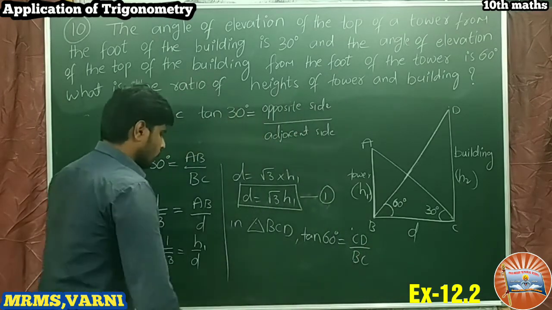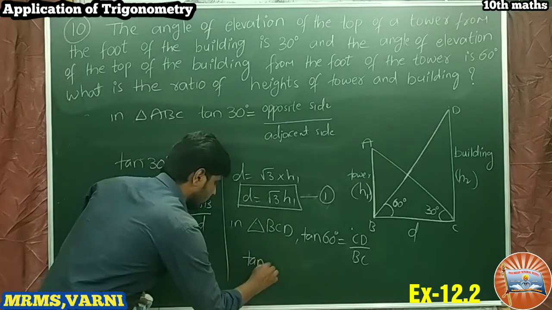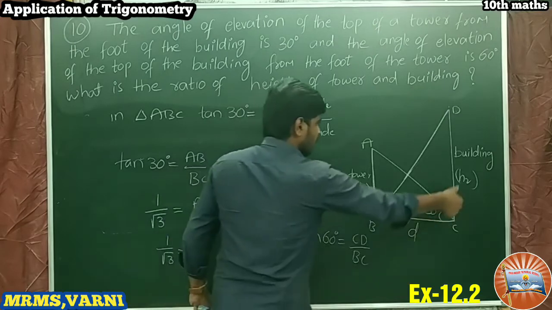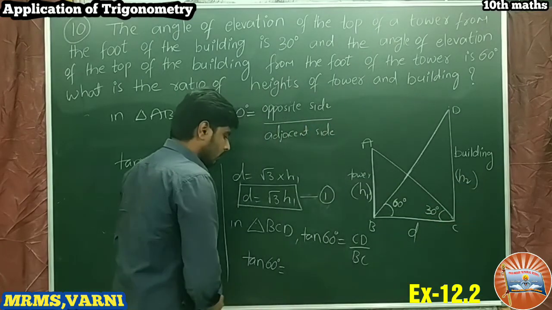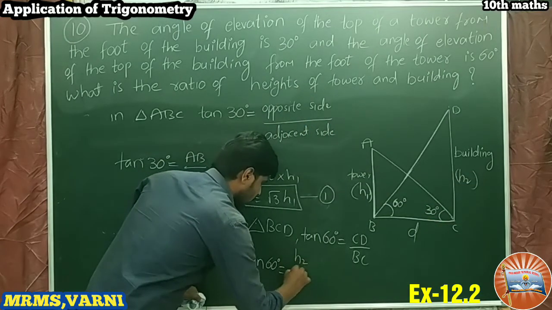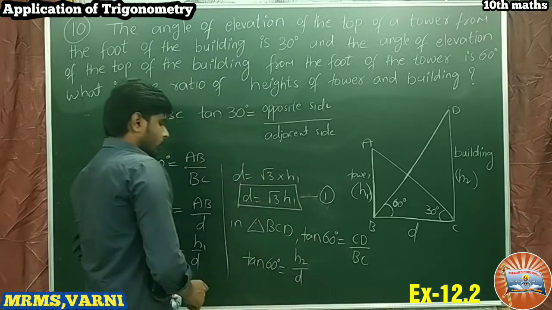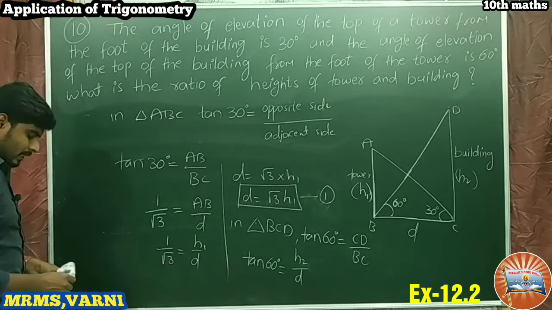So tan 60 is equal to, what is the CD value? That is H2, the height of the building, and BC is D. What is the value of tan 60?